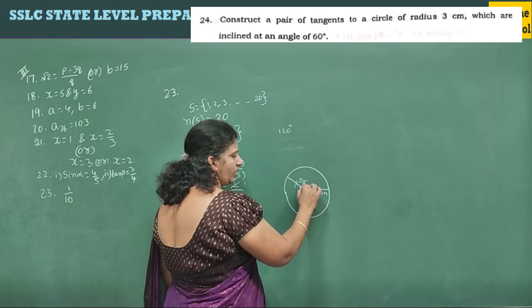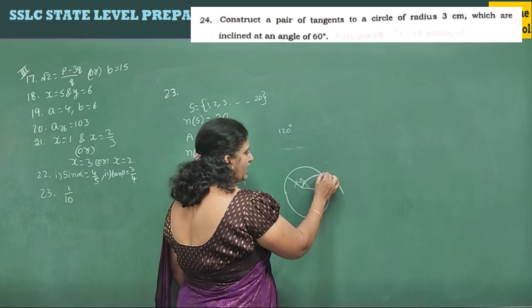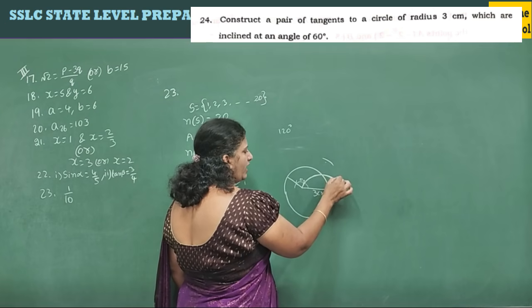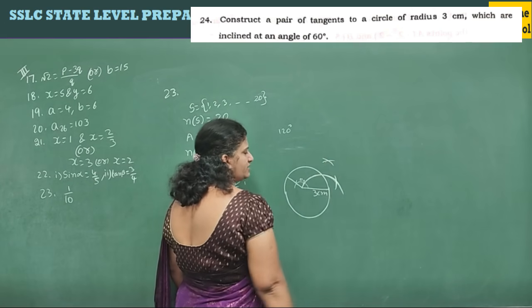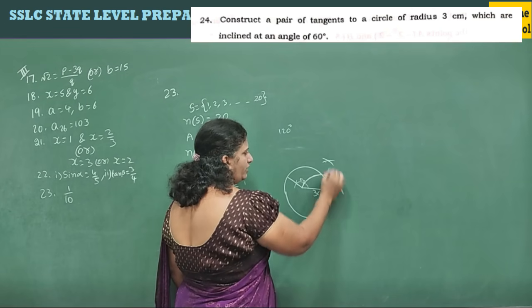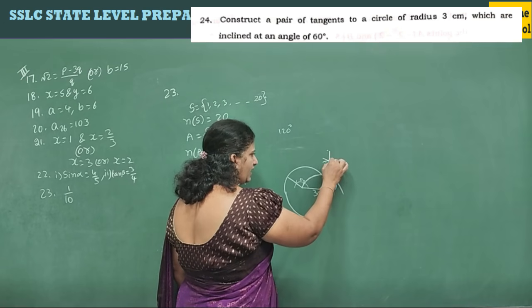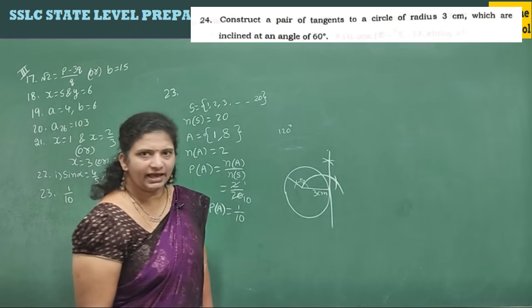Then again, normally how do you do the tangents, children? A semicircle, and then from here above one arc and on semicircle one arc, and from here cut this arc from this point and radius ending point. Just take a scale and try to join these two, and this is nothing but the tangent.